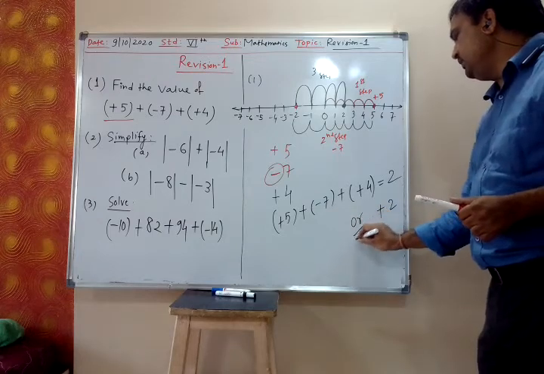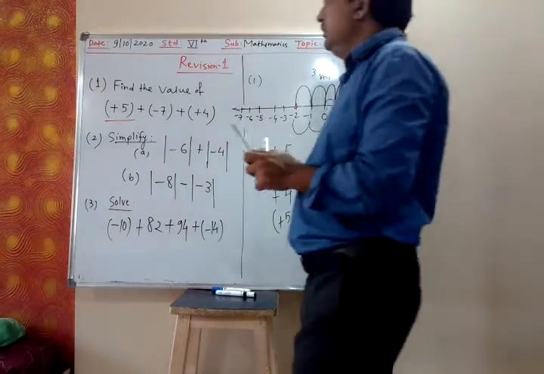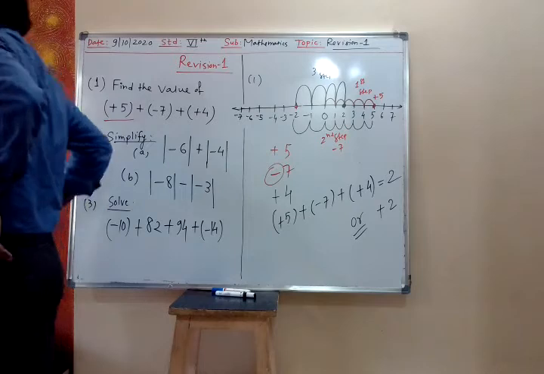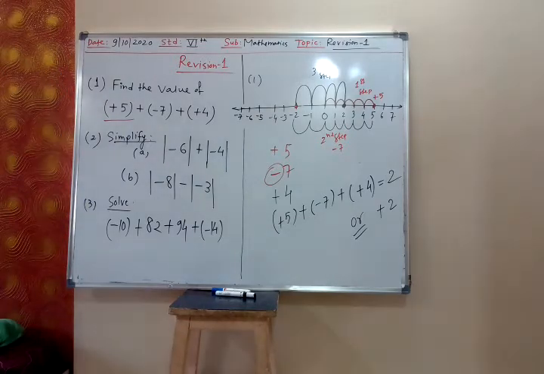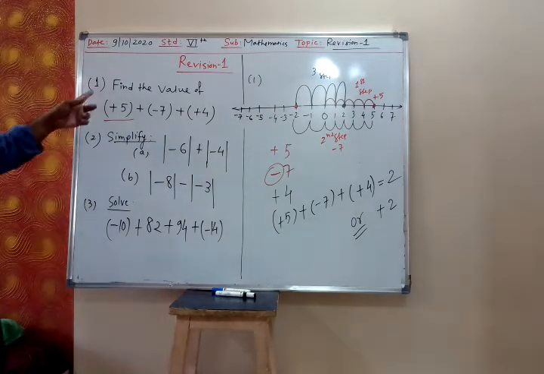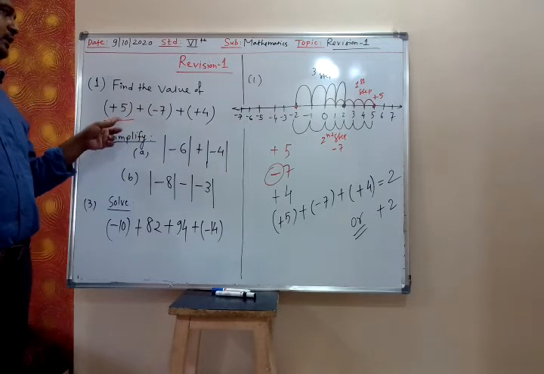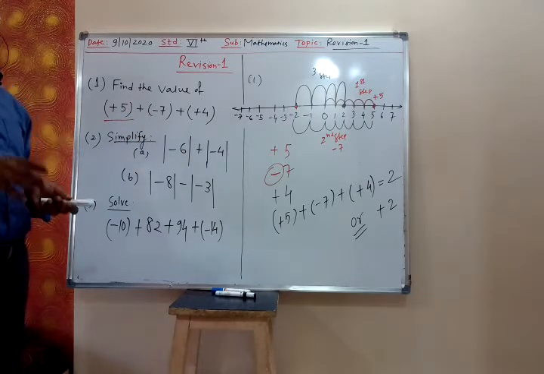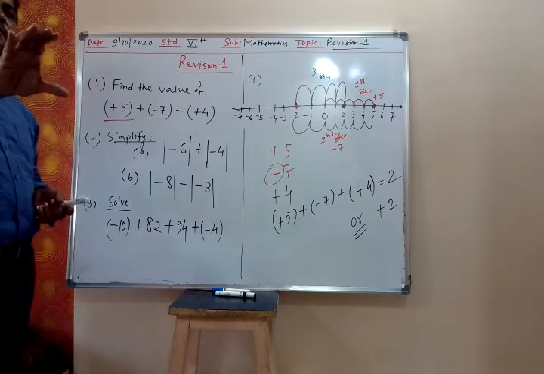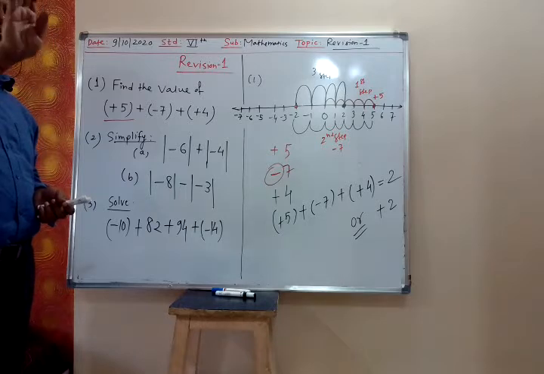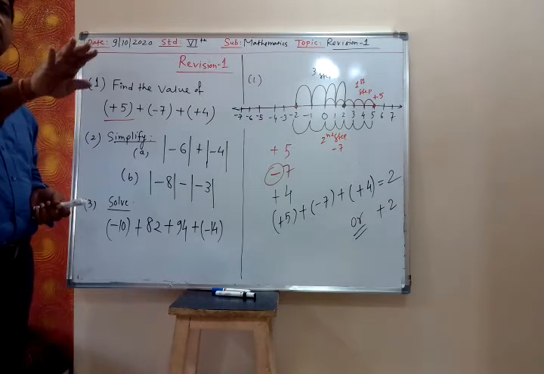Yes, no problem. It is plus 2 or 2. Both are correct answers. So for this type of problem, to find the value you have to use the number line system. If the number has a plus sign, you have to move or jump to the right.